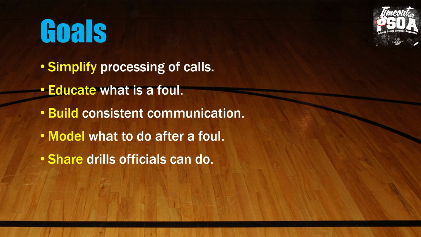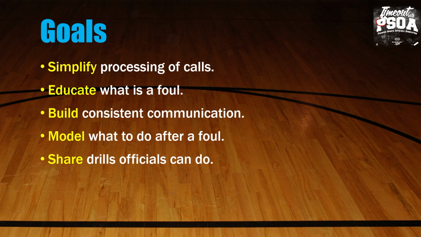Next, educate everybody. What is a foul? What are the 7 common fouls? So we have consistent communication. People want consistency. We're never going to have consistency on judgment, but we can have consistency in how we communicate what the players did.